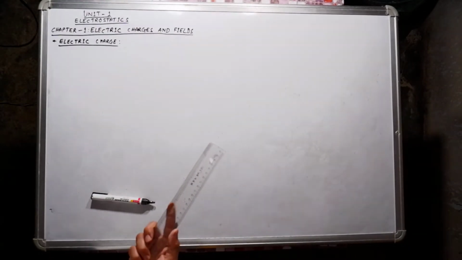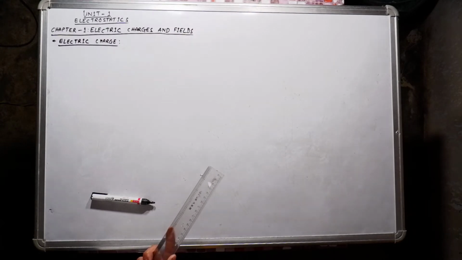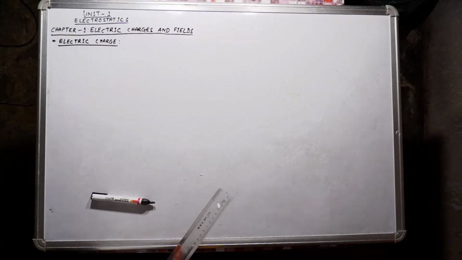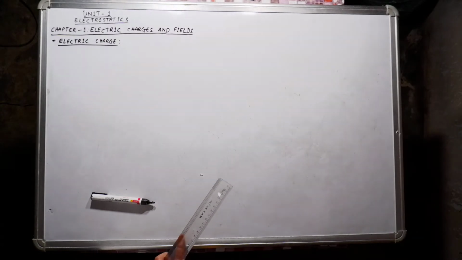Why do the pieces of paper get attracted towards the ruler? The reason is that when we rub the ruler in our hair, it is like we charge the ruler. When we bring it near the pieces of paper, because of the differences in the charges between the pieces of paper and the ruler, the pieces of paper get attracted towards the ruler.